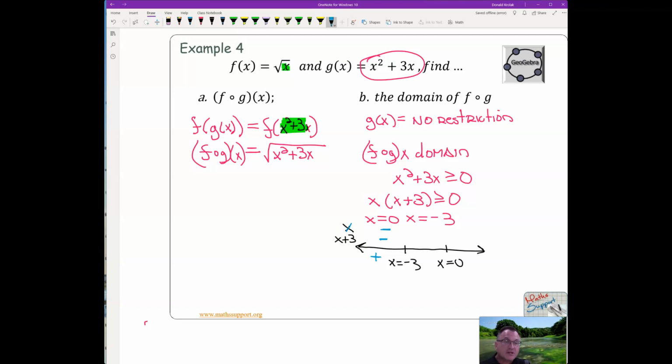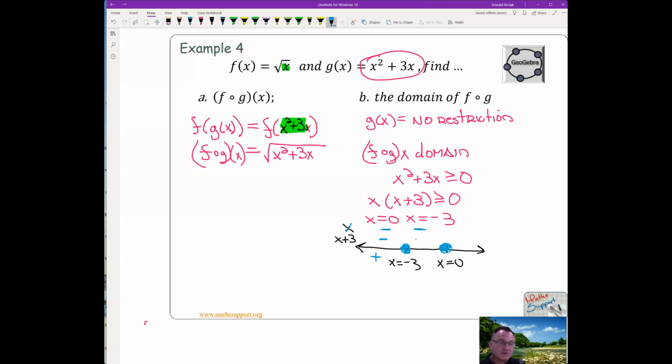Because these inequalities have the equals on them, I know these two points are going to have solid dots. Those numbers are allowed to be included. Now I go to the middle section and pick a number like -1, between these two. If x is -1, it's negative.